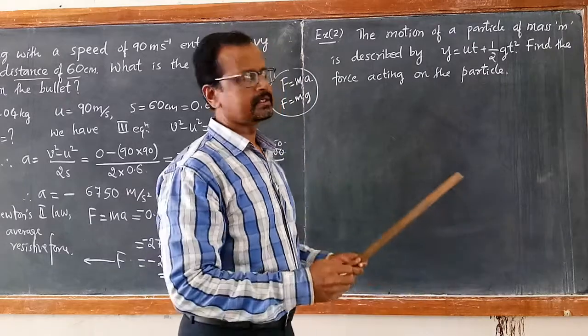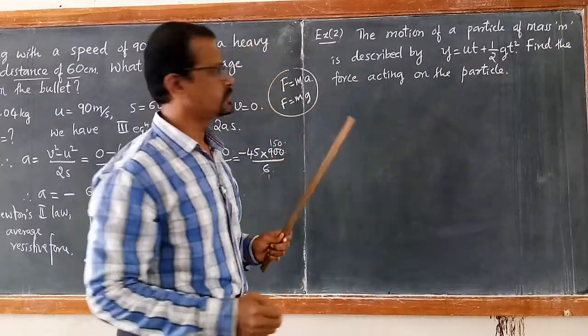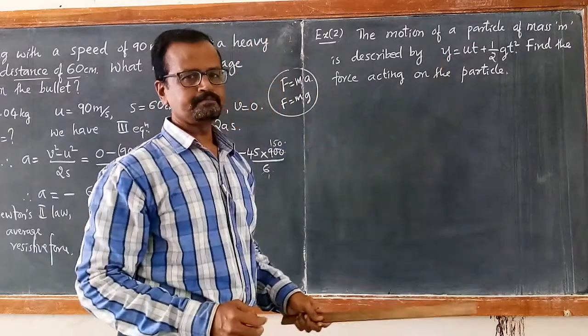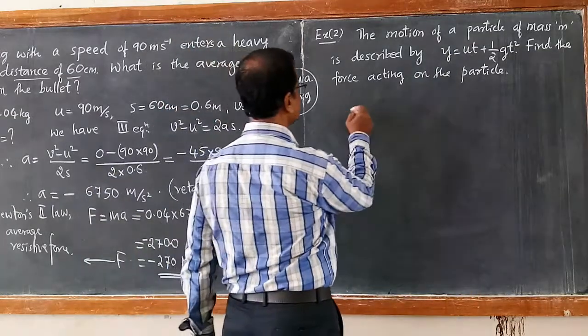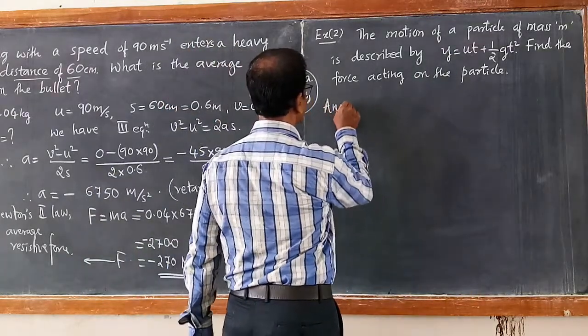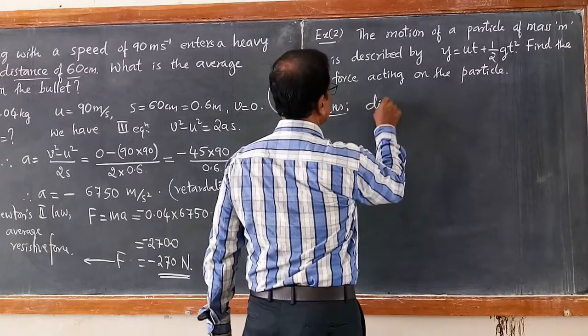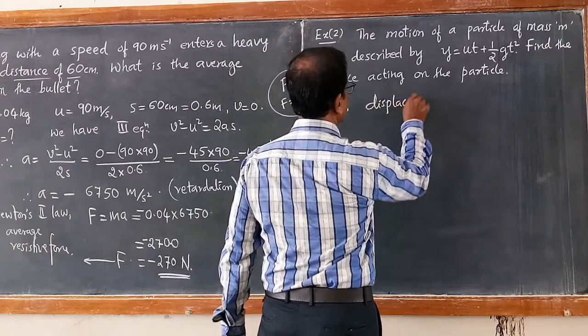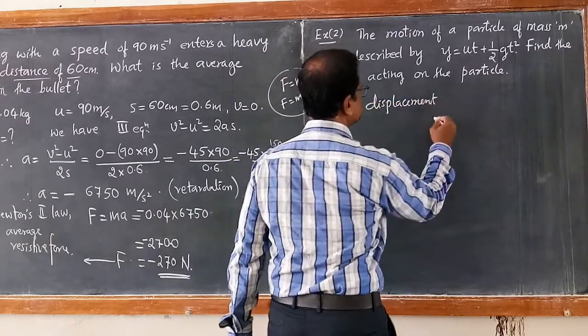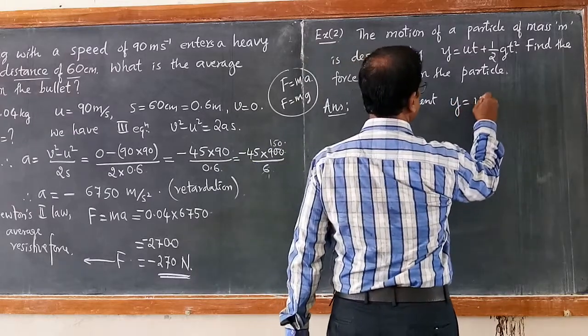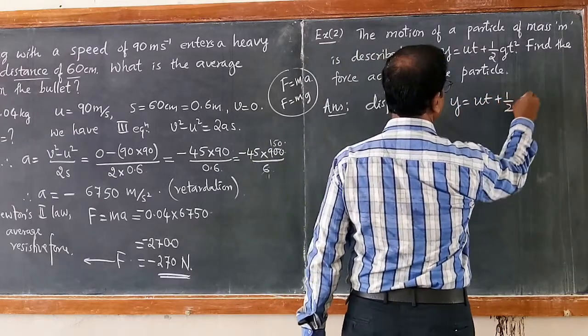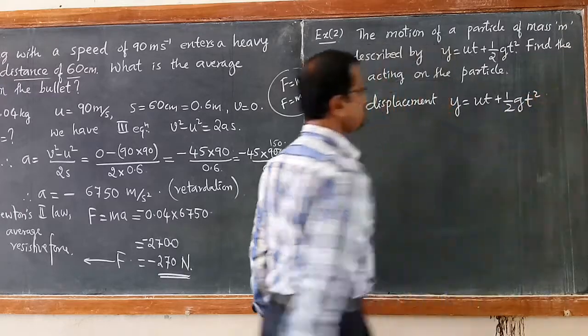But we will confirm it by the previous knowledge. When displacement is given, let me write the displacement. Displacement y is equal to ut plus half gt square.